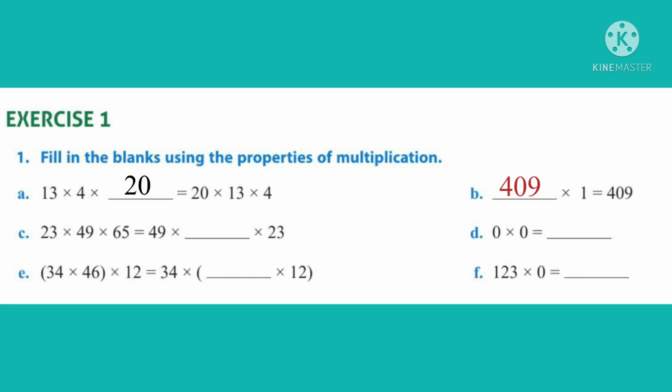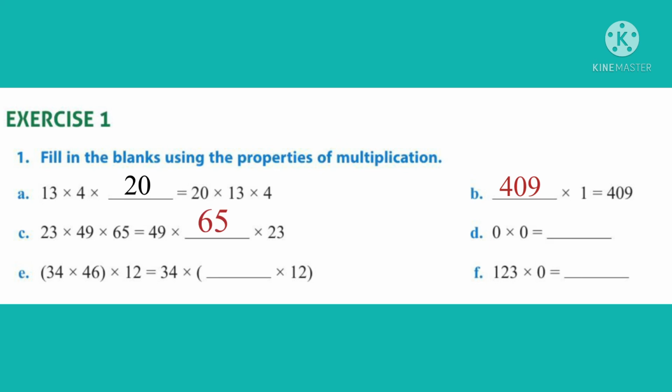Next C, 23 into 49 into 65 is equal to 49 into dash into 23. Using the first order property, we have the answer as 49 into 65 into 23. Okay children?